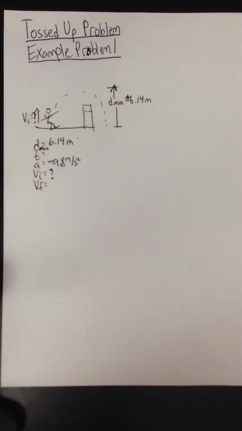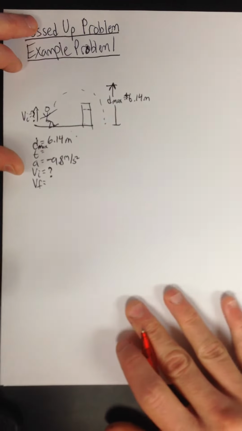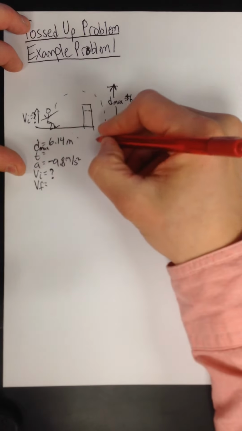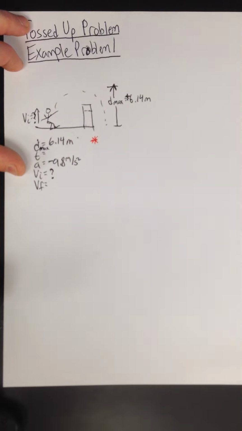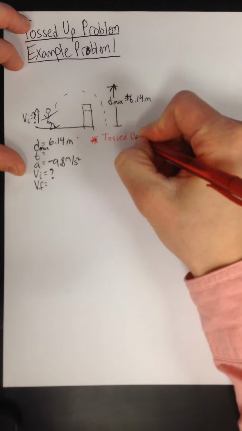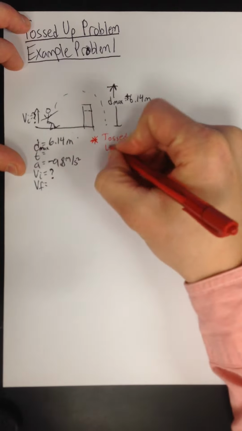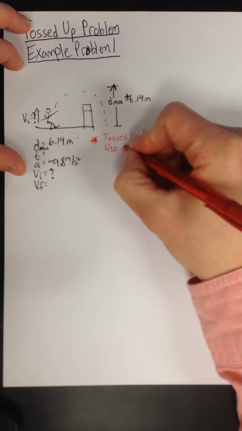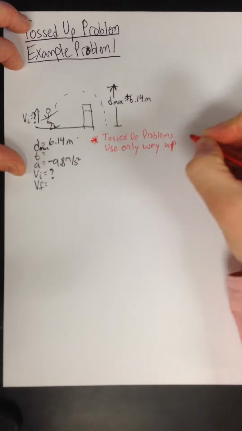This is when we should mention that for every tossed up problem you do, I'm going to write it in red, like I wrote it on the board. Every tossed up problem you do, put this star underneath this problem. Tossed up problems use only the way up.